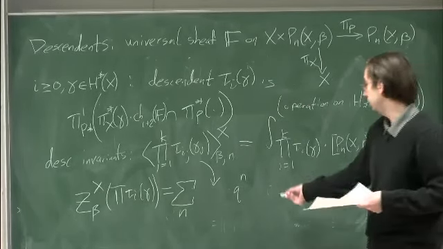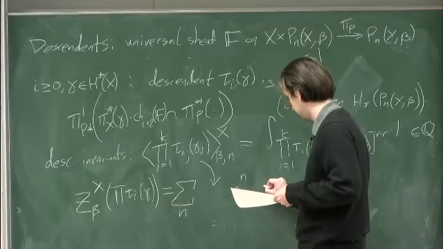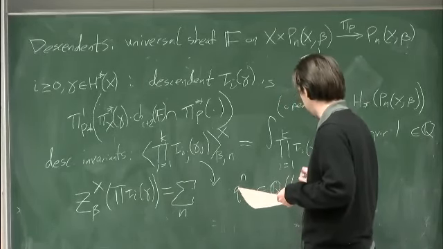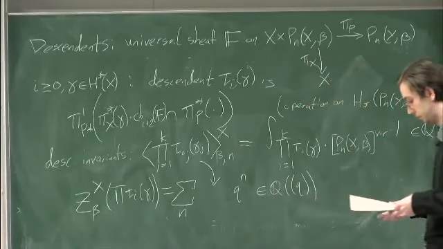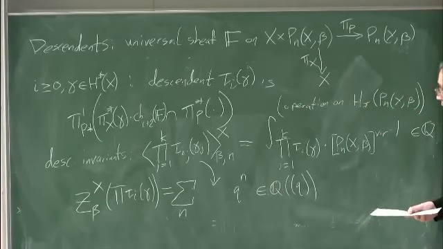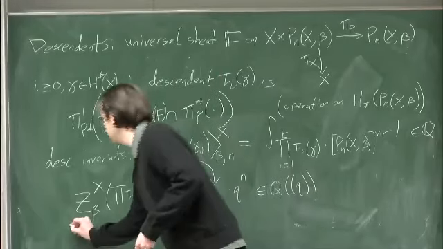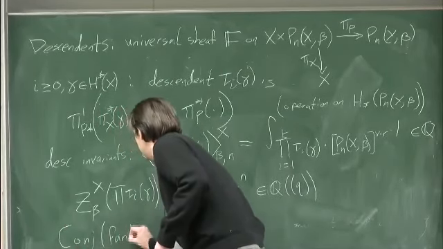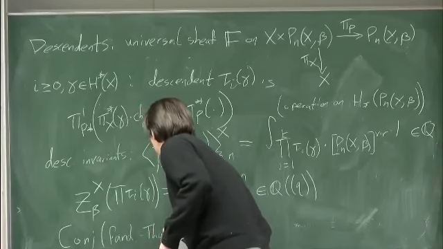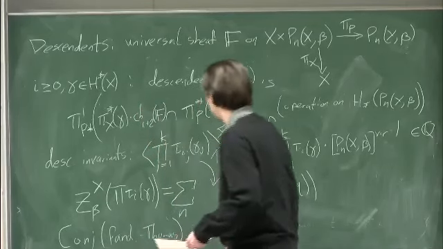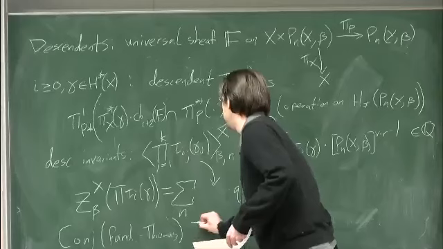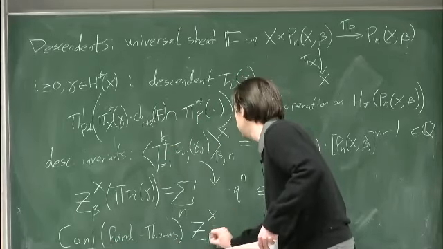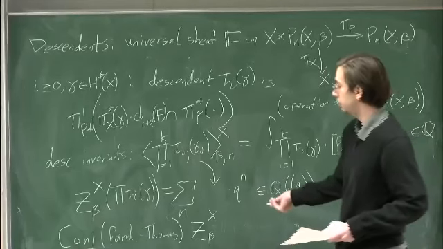So this is actually a Laurent series in Q. And the fundamental conjecture about this, due to Pandharipande and Thomas, is that this partition function is always the Laurent series expansion of a rational function of Q.